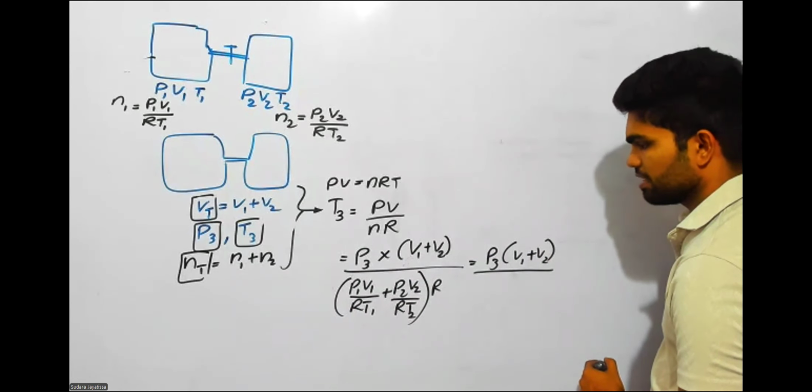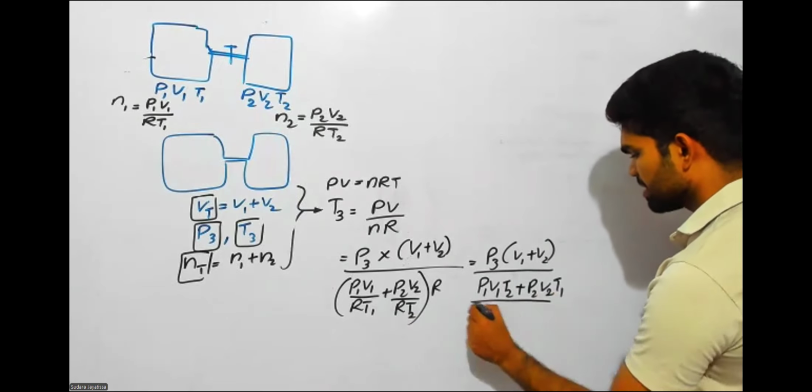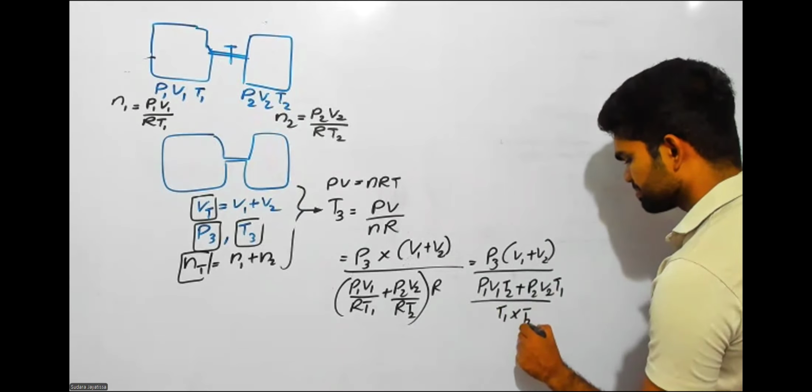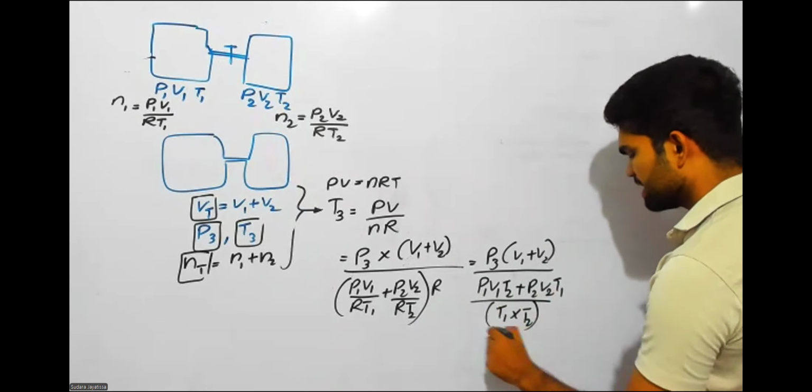now we can get a common denominator: P1 V1 T2 plus P2 V2 T1. Okay, you get the common denominator T1 into T2. So that T1 into T2 you can move up. T1 T2 P3 (V1 plus V2).